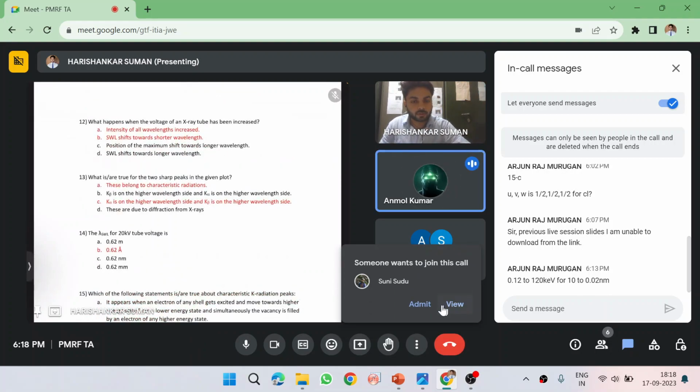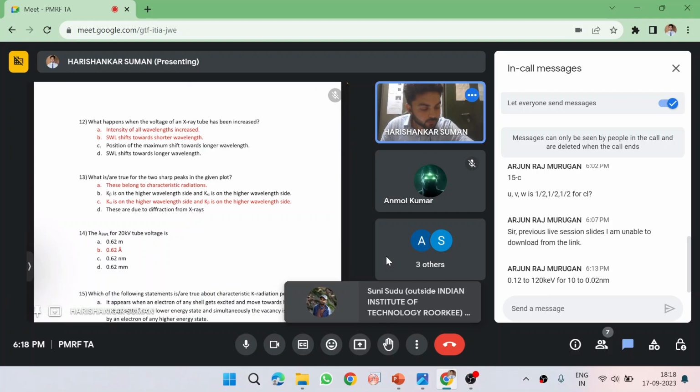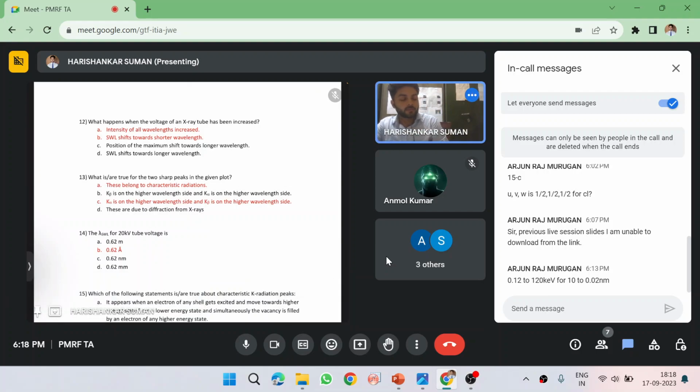K alpha and K beta will only be there if the characteristic X-rays are generated. So these are due to the diffraction from the X-ray.